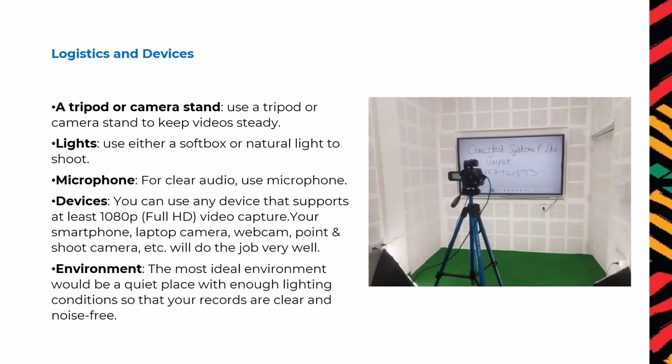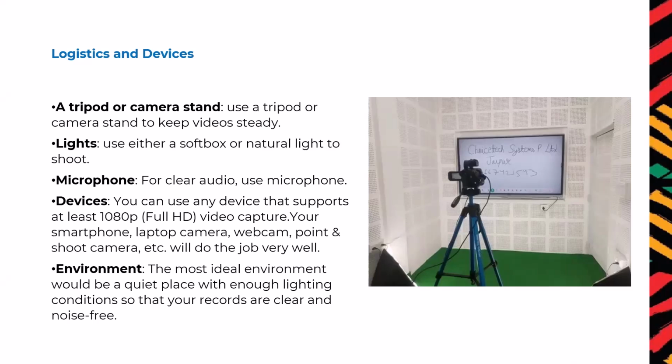Depending on the space where you're going to record, you also need to observe where there's light. Sometimes you can use natural light. If it is not enough, you can substitute with softbox lighting. So it depends on where you're going to record. We also mentioned that you need an input capture, and that is the microphone, so that you get clear audio for the students.